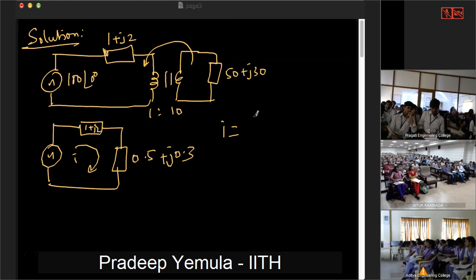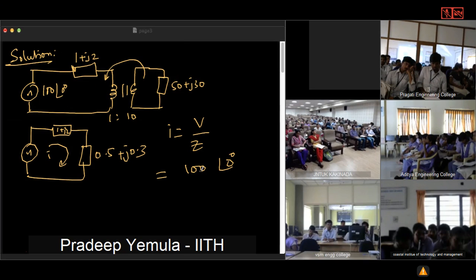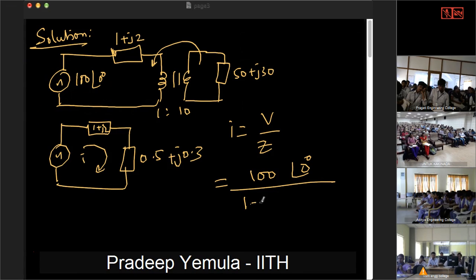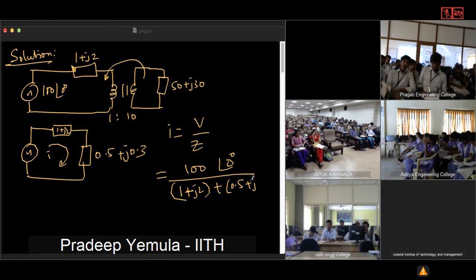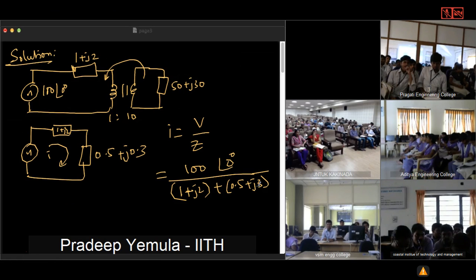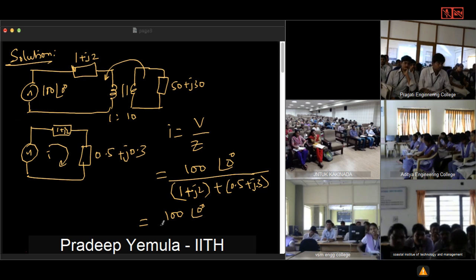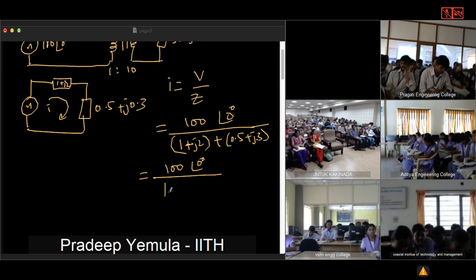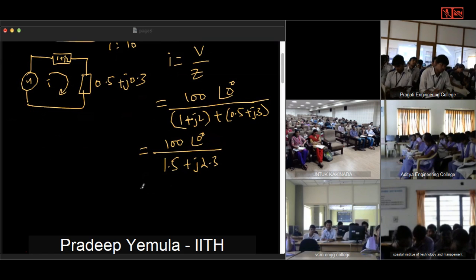Okay, so current is nothing but V by Z. This is nothing but 100 angle 0 degrees divided by 1 plus J2 plus 0.5 plus J0.3. So that is nothing but 100 angle 0 degrees divided by 1.5 plus J2.3. So for this we need to use the calculator.